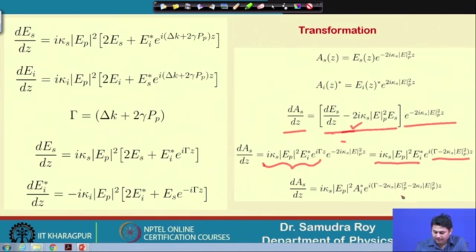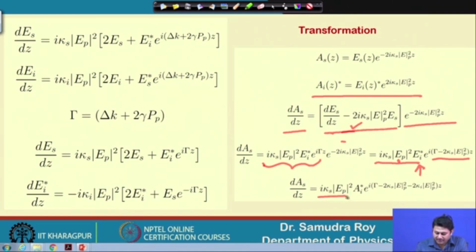Now I know what the solution of Ep is, so |Ep| square is here. The next thing is I just replace this EI from here, so that the entire equation becomes in terms of AS and AI. On the right hand side I have EI and on the left hand side I have AS. Ep is a constant, so we shouldn't bother about Ep; I will keep Ep as usual.